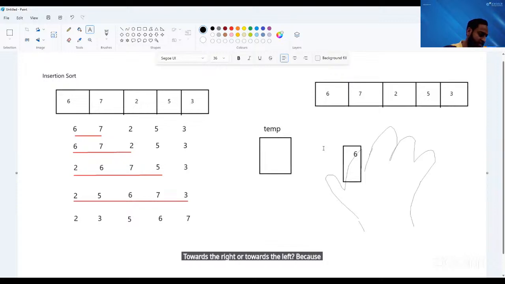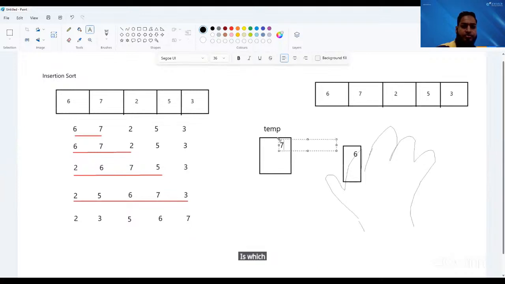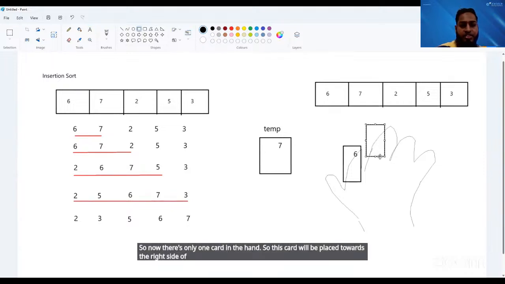Because when we take cards in the hand, we try to arrange them in ascending order. That is what I normally do. So now the card being picked from the table is card number 7. He will compare the card picked with the cards in the hand. Now there's only one card in the hand, so this card will be placed towards the right side. We will place 7 over here.